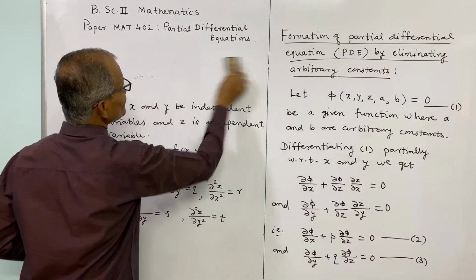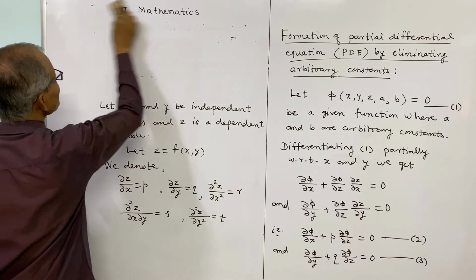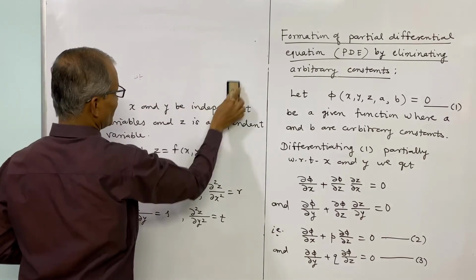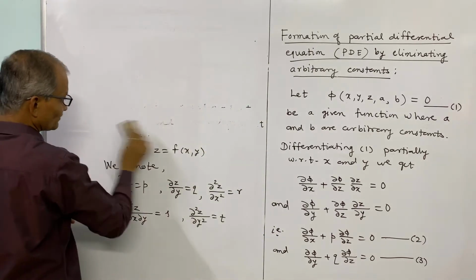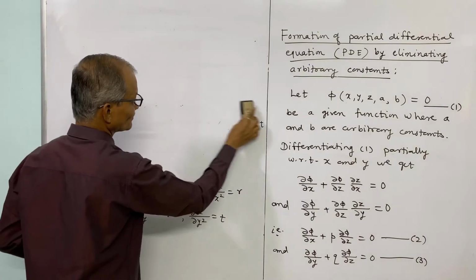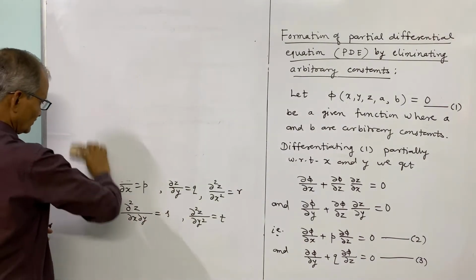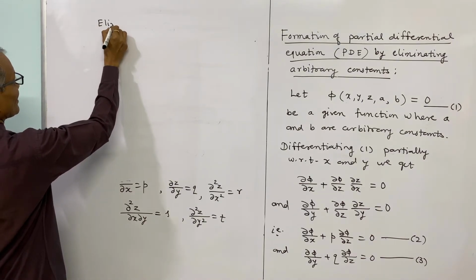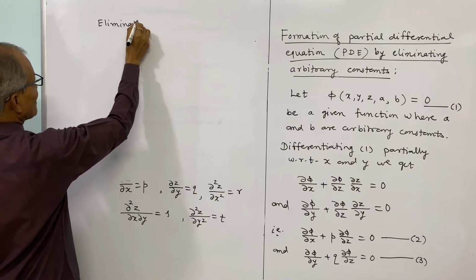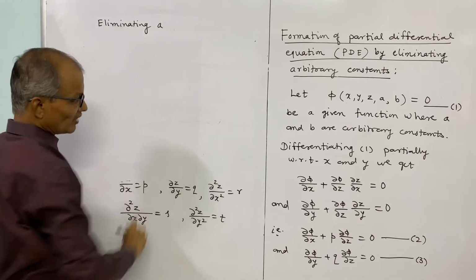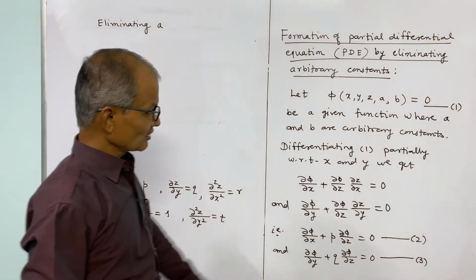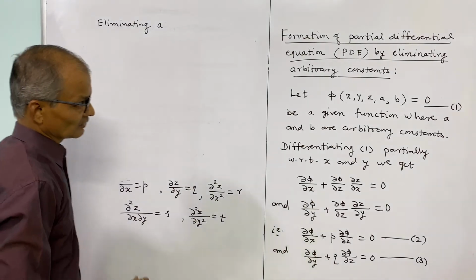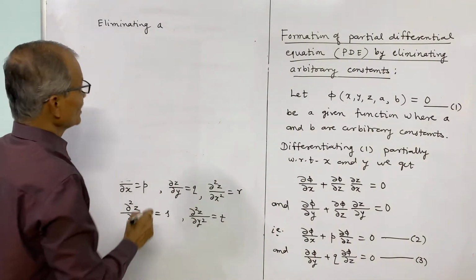Eliminating a and b: eliminate means we have to remove these from the relation and obtain a relation which does not involve a and b.